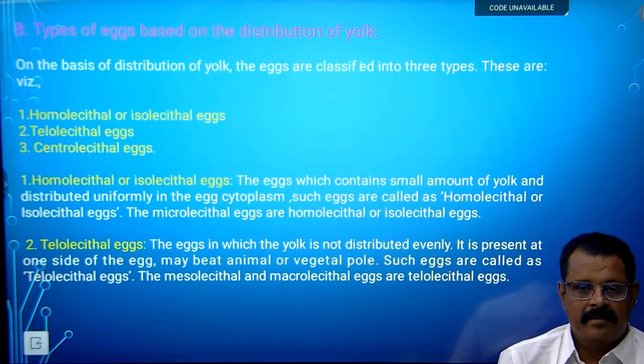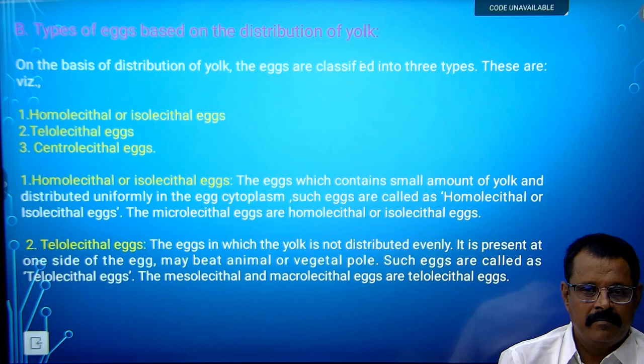The second type is telolecithal egg. These are eggs in which the yolk is not distributed evenly. It is present at one side of the egg, that is, it may be present at the animal pole or vegetal pole of the egg. Such eggs are called telolecithal eggs.